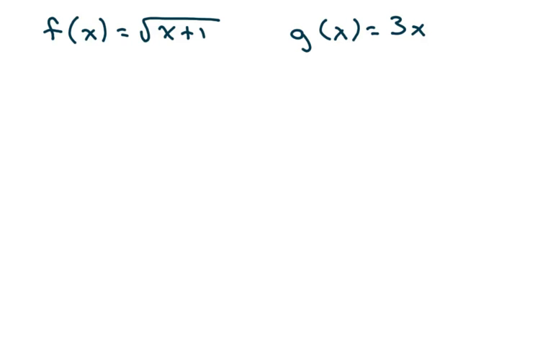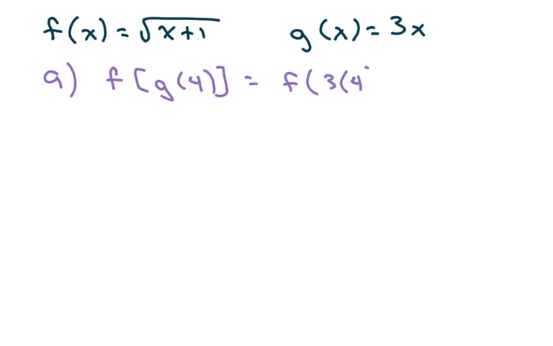Do this again, and we have f of g. What I'm going to do, since it's the last one, I'm going to save some time and just write this as f of g of 4, which equals f of 3 times 4, which equals f of 12, which equals square root of 12 plus 1, which equals the square root of 13.